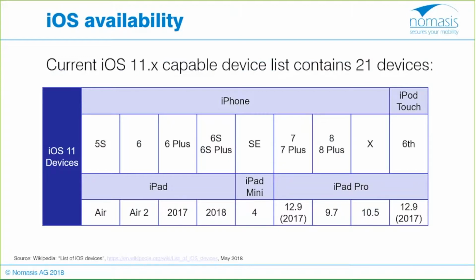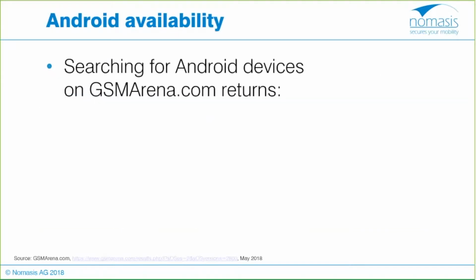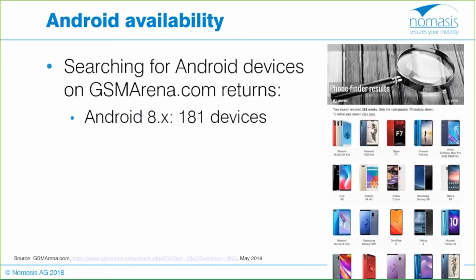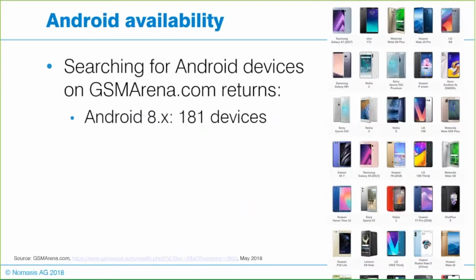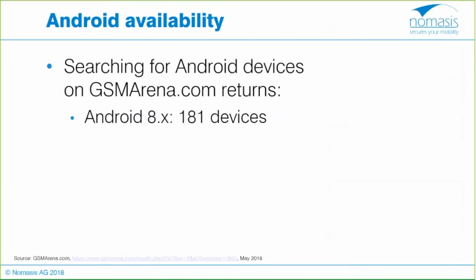Now let's compare this to Android. If you go to, for example, GSM Arena, which has lots of information about mobile devices, you will see 881 devices for Android. So the devices flying by, that was actually only 70 out of those devices. That was, I think, a week ago, maybe 10 days ago, so I'm sure this number grew already quite a lot.